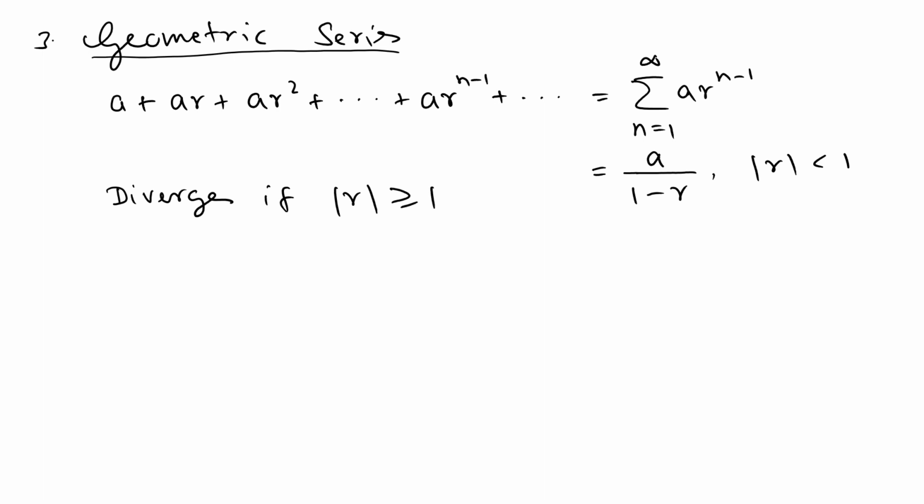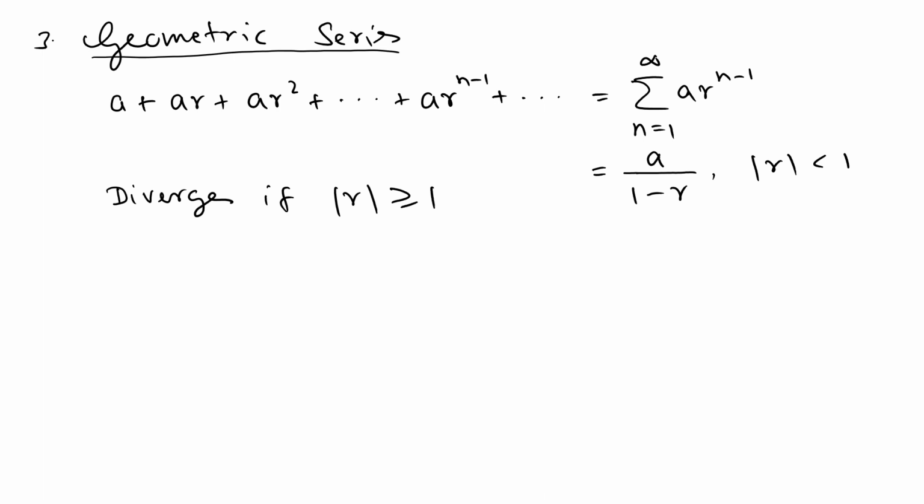So you can see there's a difference between the p series and the geometric series. Let's draw the region of values of r where it's going to converge.